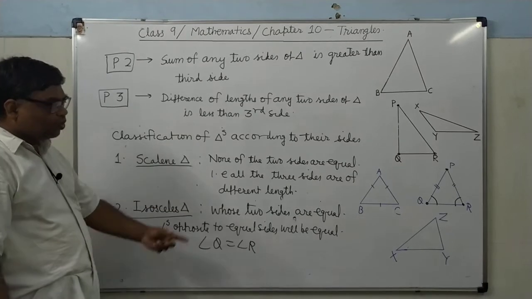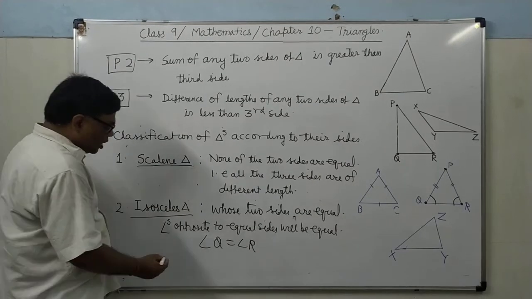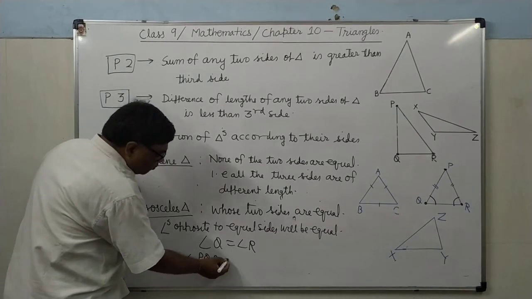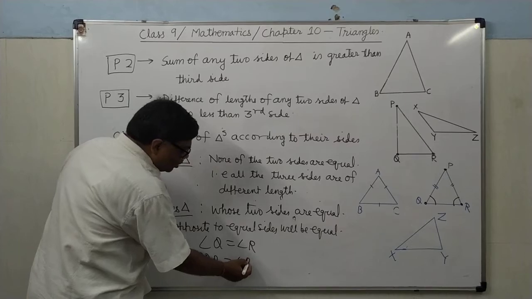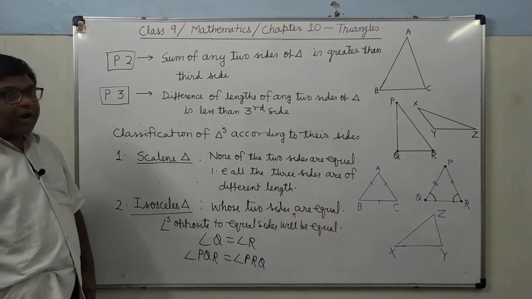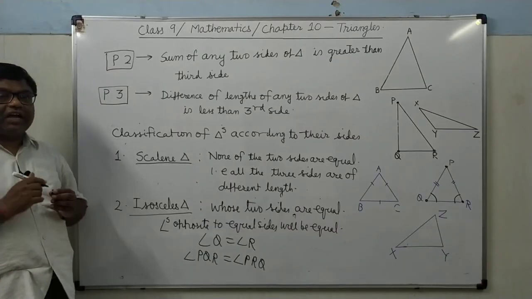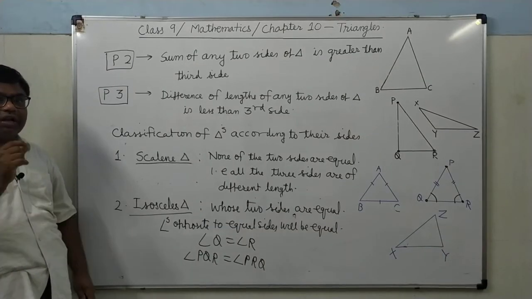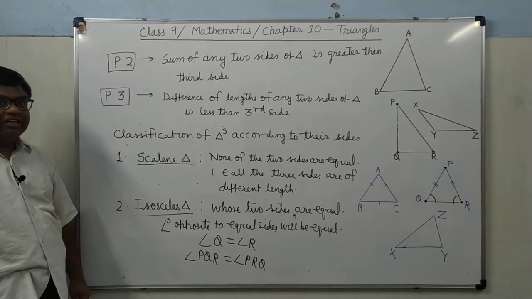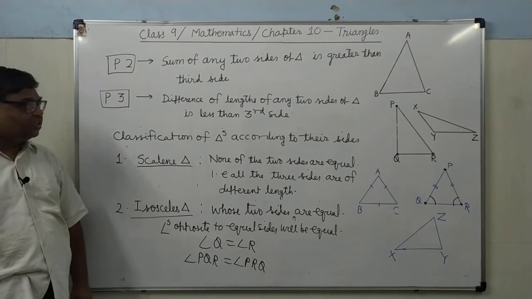If you write in 3 letters, then angle Q can be written as angle PQR will be equal to angle PRQ. It is clear? The vertex at which the angle is situated will always be in the middle when you are writing in 3 letters. It is clear?